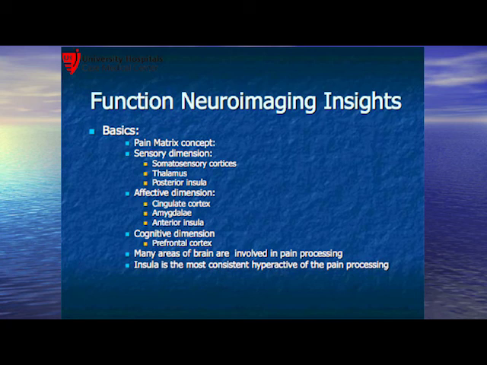We divided the location of the pain areas in the brain into 3 main areas: the sensory dimension of pain, where we feel the sensation of pain only, the affective dimension of pain, and the cognitive dimension of pain. We made this separation, but actually there's no separation. All these centers work together and interact at the same time to create the feeling of pain.